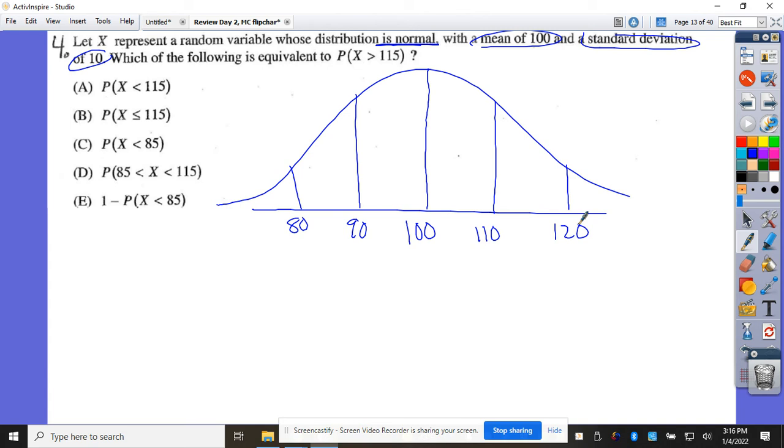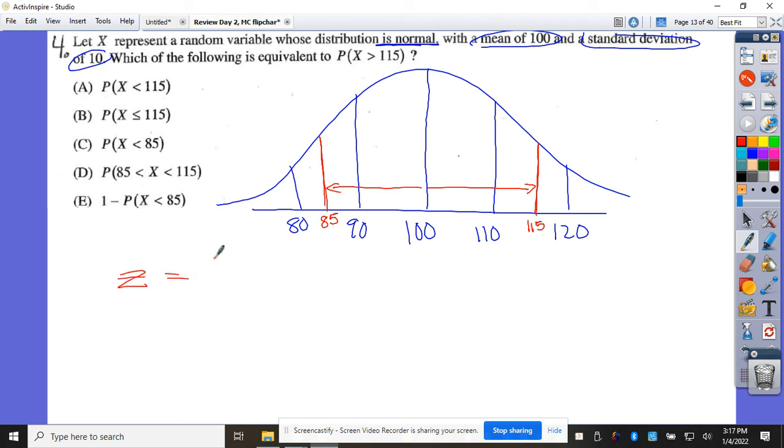The only 2 numbers that we are dealing with in this whole problem over there are 115 and 85. What's really important about those 2 numbers in this distribution? They're the same distance away from the mean. So instead of drawing this whole picture every single time, I'm going to shorthand it. I can write this as z-scores.